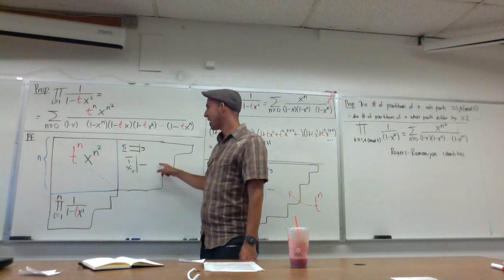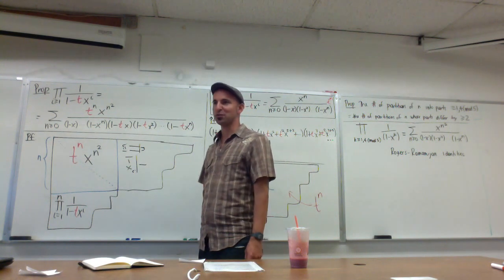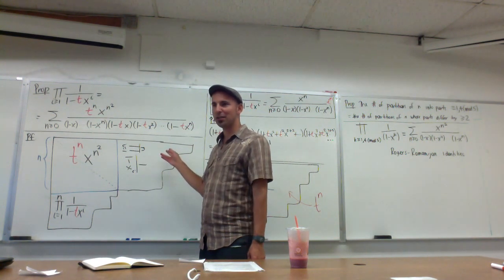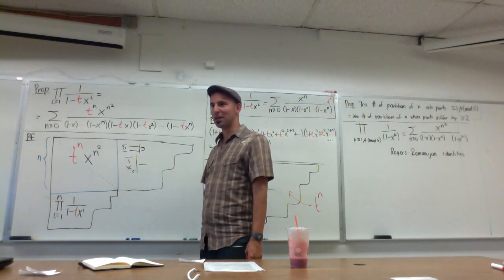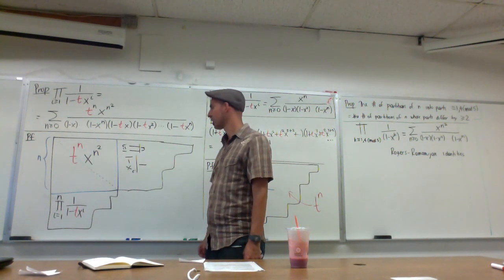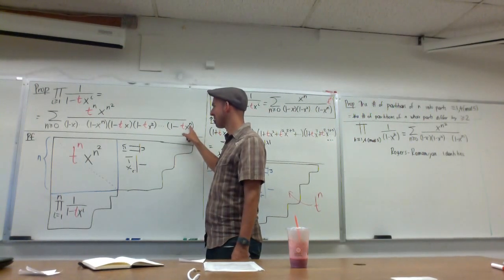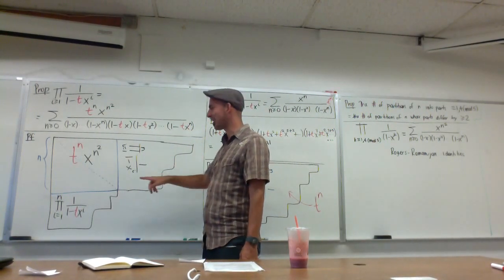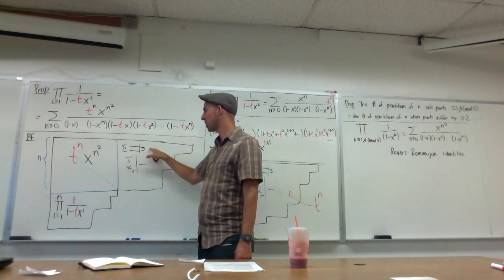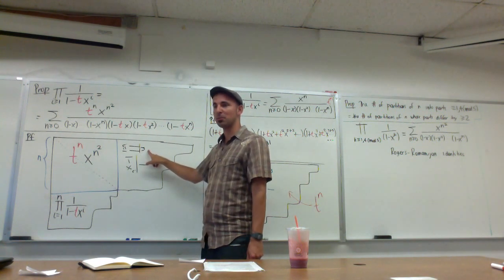Well, here basically I switched my letters. What today I'm calling n, the last time I called k. So I was taking products from i equals 1 to k because I was only allowed parts up to k.